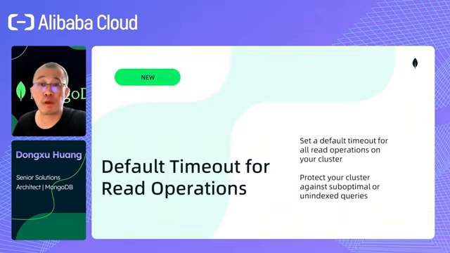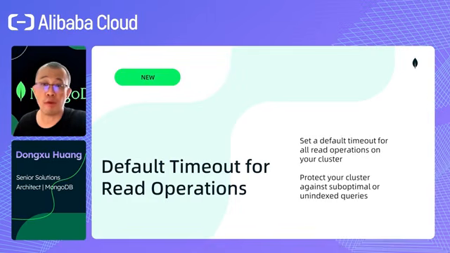With MongoDB version 8, we are giving users more tools to protect the database from high-stress workloads. In 8, with the server-side default timeout for read operations, you can protect your cluster from unindexed operations. You can set a single timeout that impacts all read operations coming to the cluster. Any operation that exceeds the timeout will be canceled, preventing queries from running too long and holding on to resources.